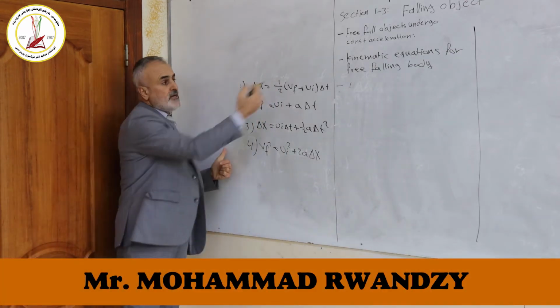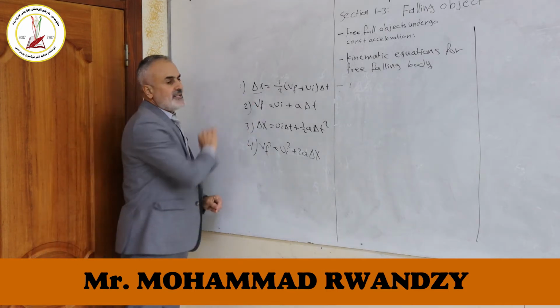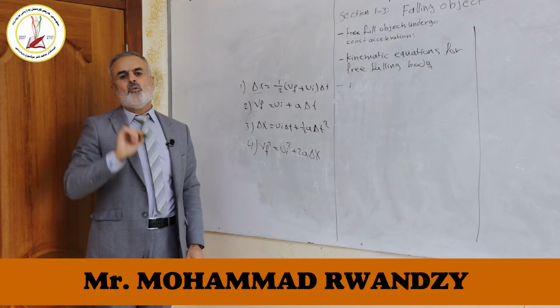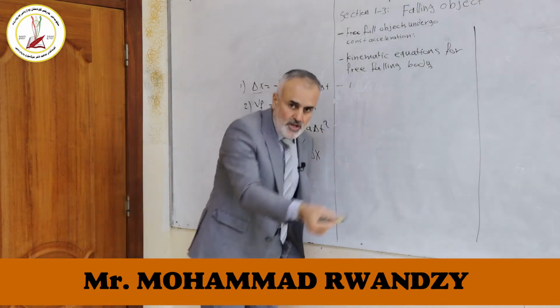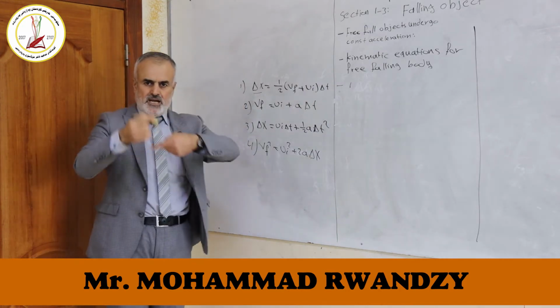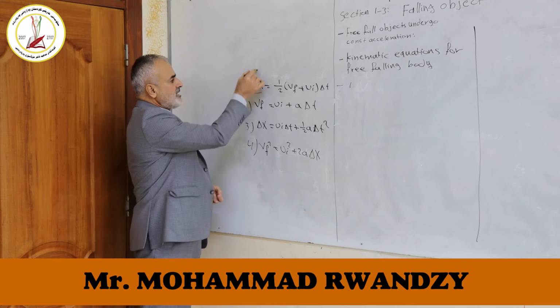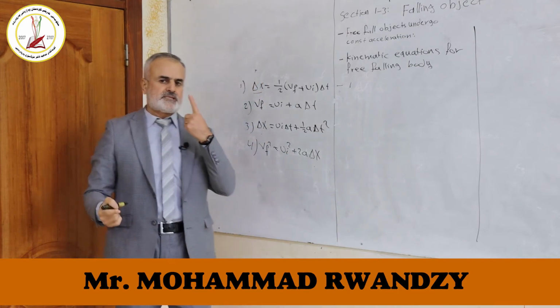But today, for free falling objects, instead of delta x, we have delta y. Why delta y? Because the motion is downward on the y-axis. So we replace all delta x by delta y. This is the first point.